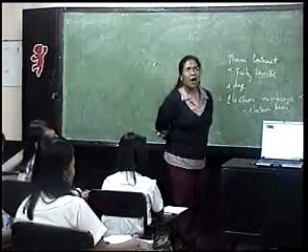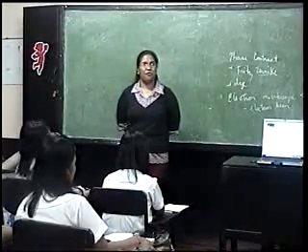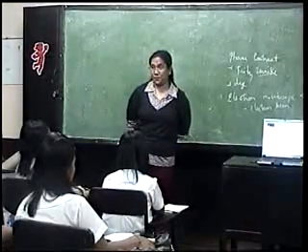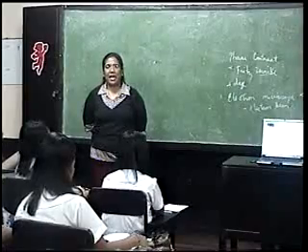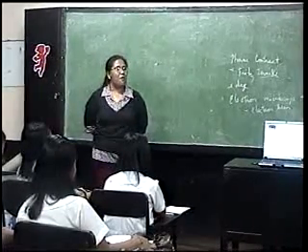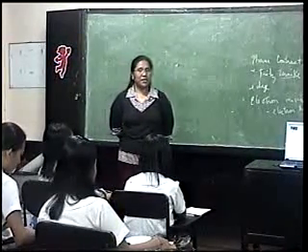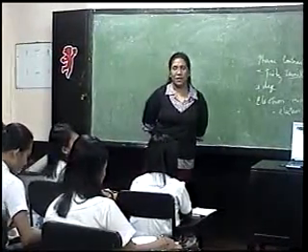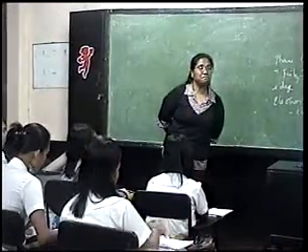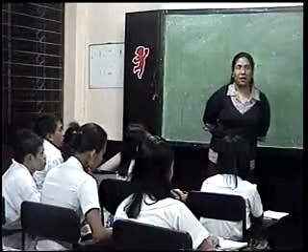So, how many types of microscope are there? Actually, we have 4 types of microscope. So, as May had mentioned, one kind of microscope is what we call the simple microscope. And the simple microscope is useful in observing minute organisms.